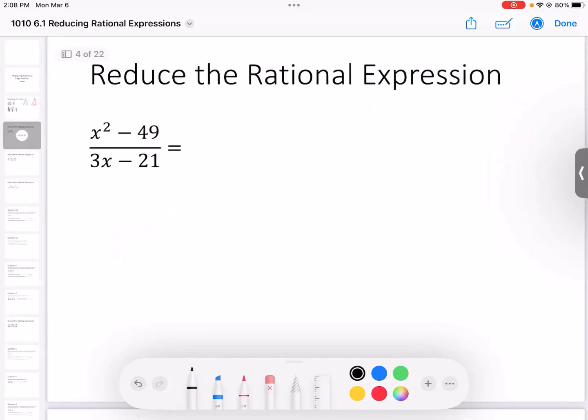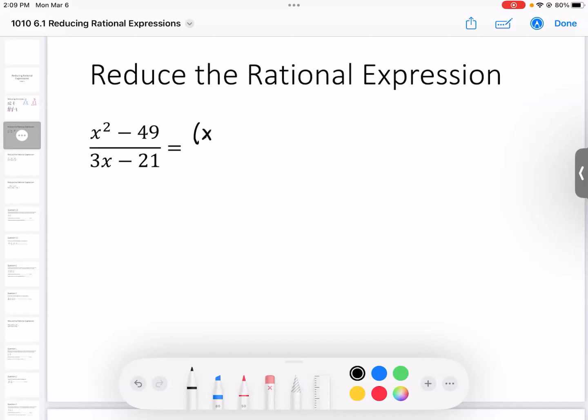So for example, let's say that we had this rational expression. So we have a fraction with a polynomial on the top, a polynomial on the bottom. The way that we would reduce this is we would first of all get these polynomials into factored form. So x squared minus 49 is a difference of squares because they're both perfect squares.